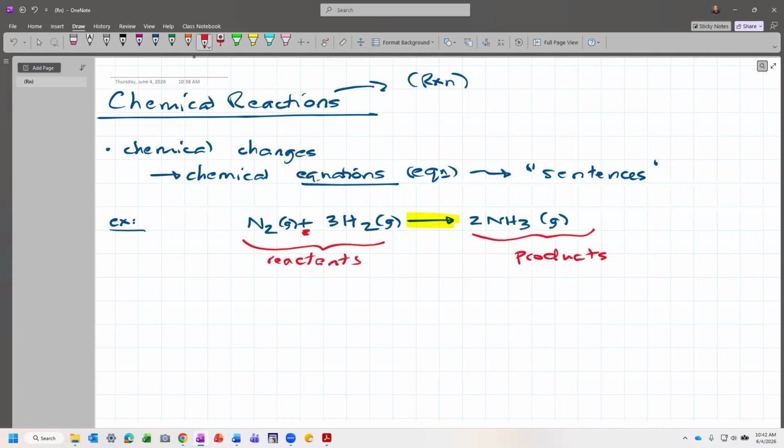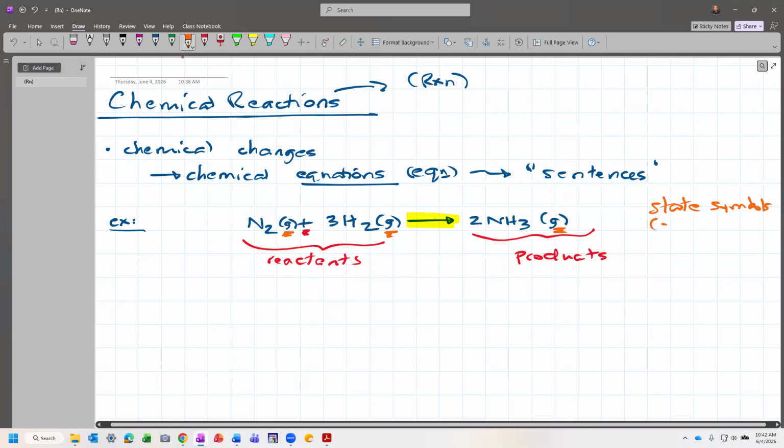A couple things here that you will note. These abbreviations that are in parentheses are known as state symbols, and they represent the physical state of the reactants and products. There are four of these that we're going to see.